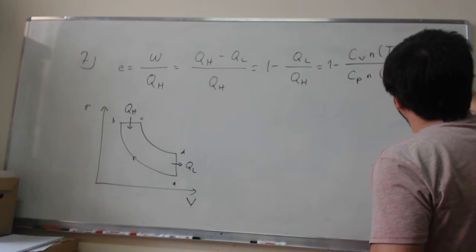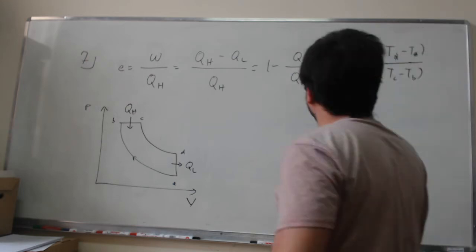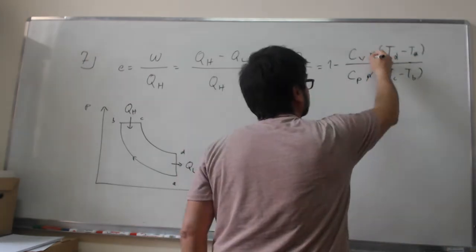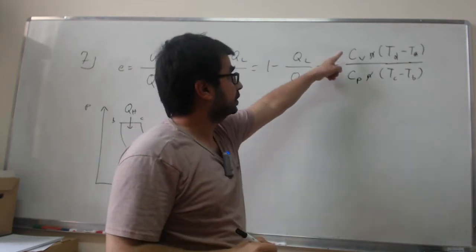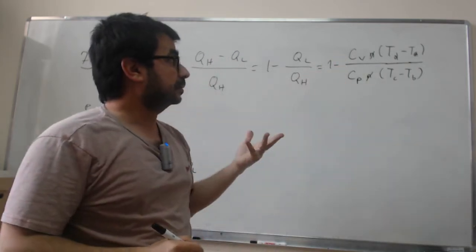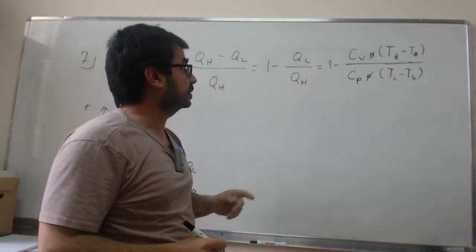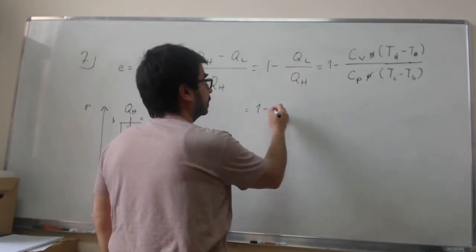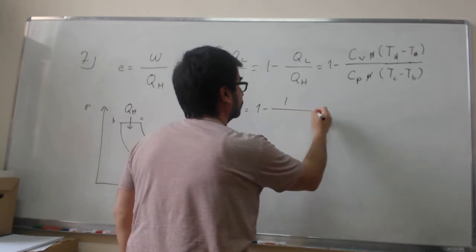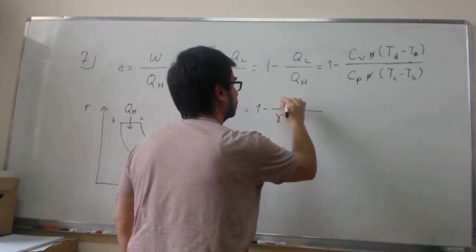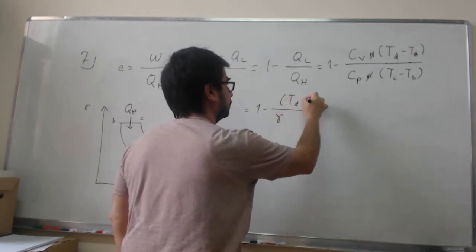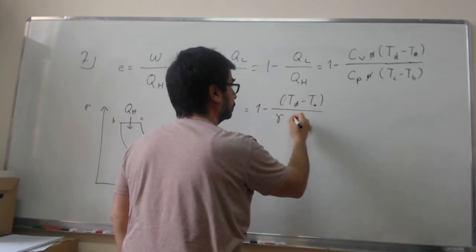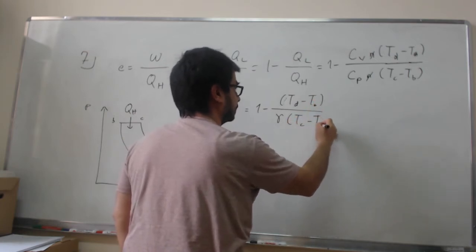So these are both positive quantities, and everything is going to come out correctly. Now the n's, of course, cancel, and there's a simple relationship between Cp and Cv because it's an ideal gas. The ratio is just 1 over gamma. So this comes to 1 minus 1 over gamma times Td minus Ta over Tc minus Tb.